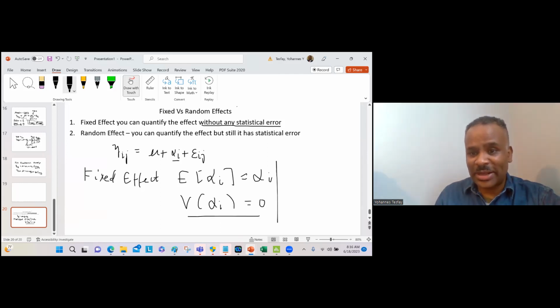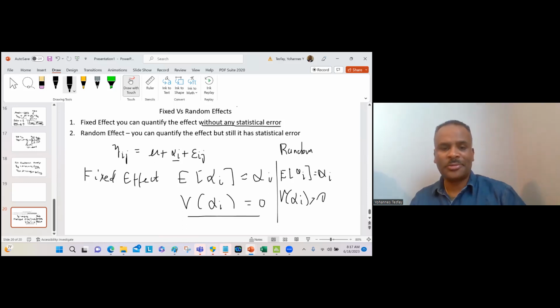But if it is a random effect, then the expected value of alpha I, the expected value meaning the mean, is 0, right? But the variance of alpha I is greater than 0.